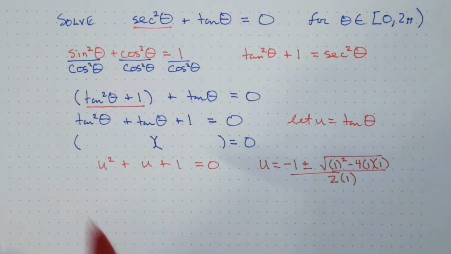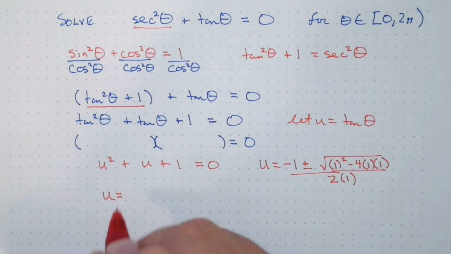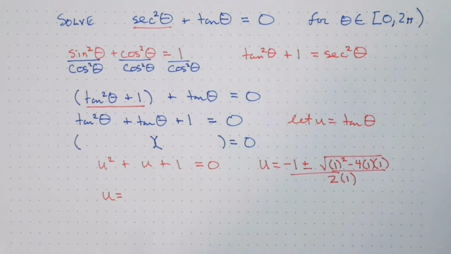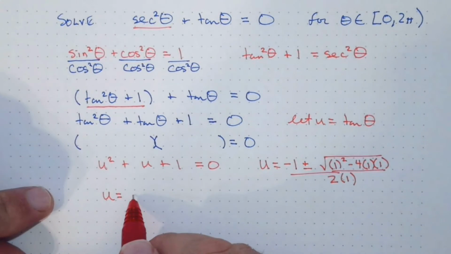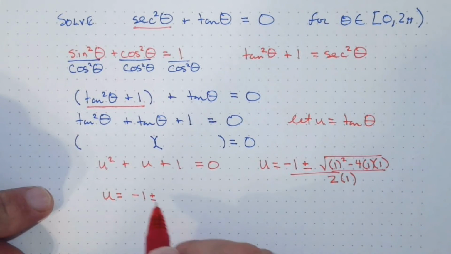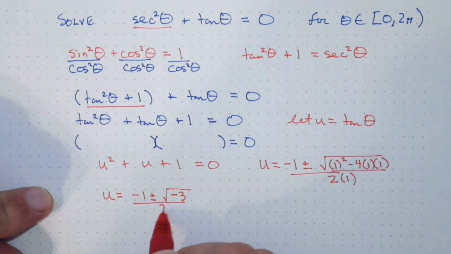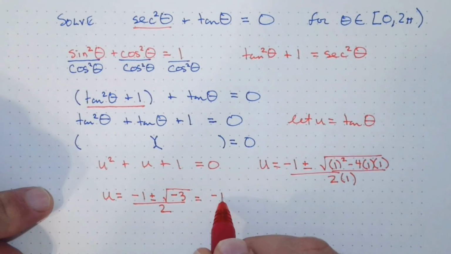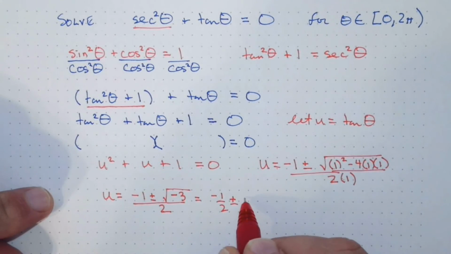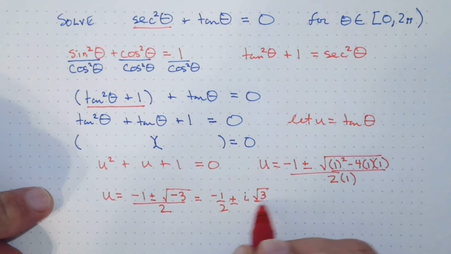That tells me that u is going to be equal to negative 1 plus or minus the square root of negative 3 all over 2, which would be negative 1/2 plus or minus i root 3 over 2.